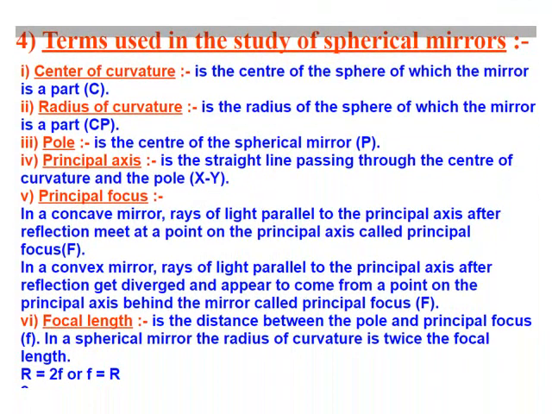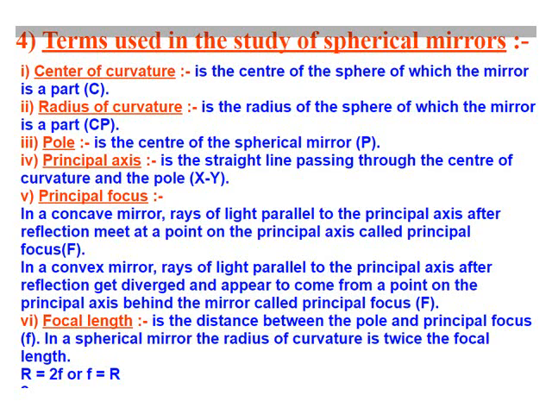This is the last slide of today's class, and it is a sort of revision of all the terms related to spherical mirrors. Center of curvature is the center of the sphere of which the mirror forms a part, and it is represented by C. Radius of curvature is the radius of the sphere of which the mirror is a part.